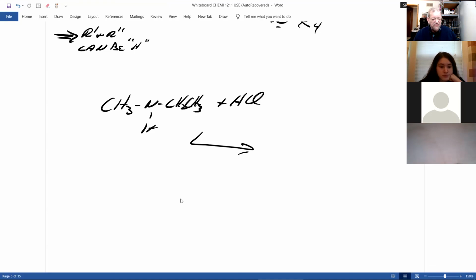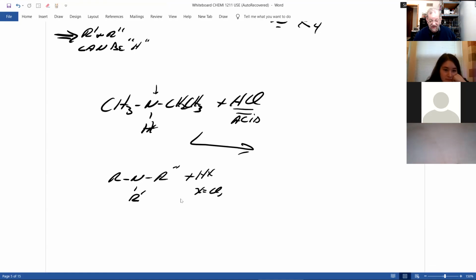If we look here, what do we have? Nitrogen tells me I have an amine. And because I'm reacting with an acid, I'll write the amine this way. HX is my acid. X can be, in this case, chlorine, bromine, or iodine. And here, remember, R prime and R double prime can be hydrogen.